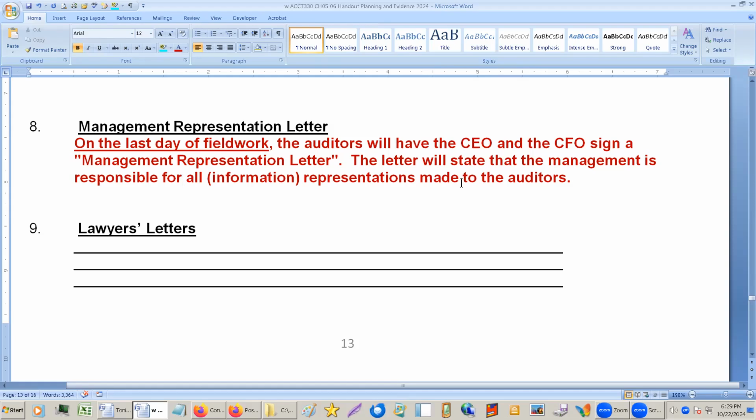Now, what's the point of it? The point of it is that you get two people's names on this, and they'll be on the hook basically for whatever is in that letter.